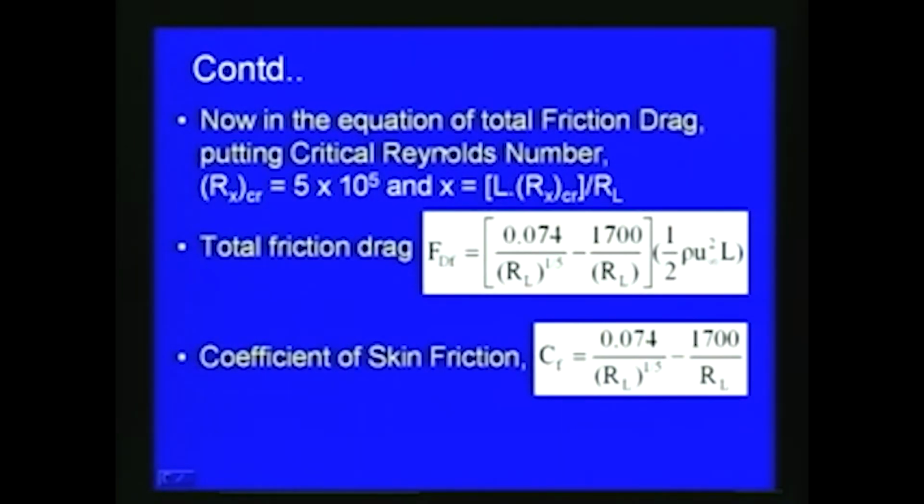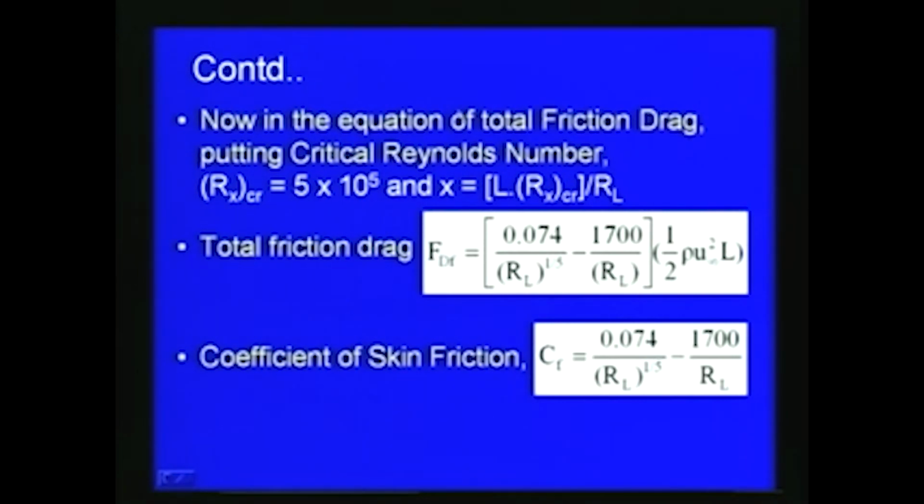Now, in the equation of total frictional drag, we put the critical Reynolds number Rx critical equal to 5 into 10 to the power 5. If we consider a linear variation with respect to the Reynolds number, we can write x by Rx critical equal to L by RL.